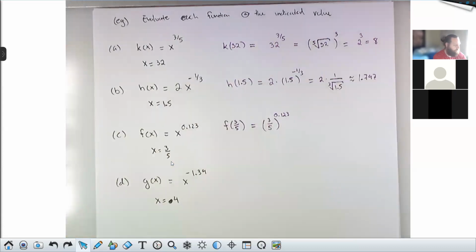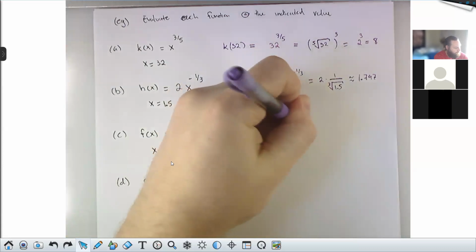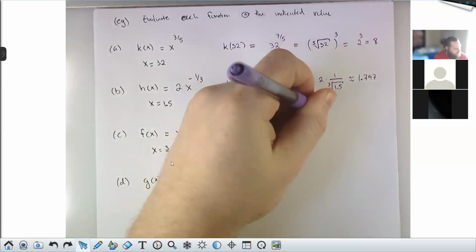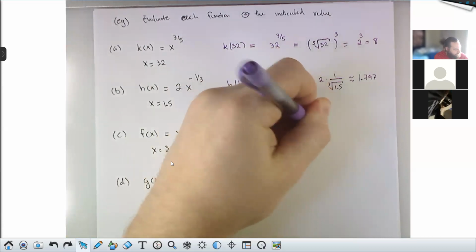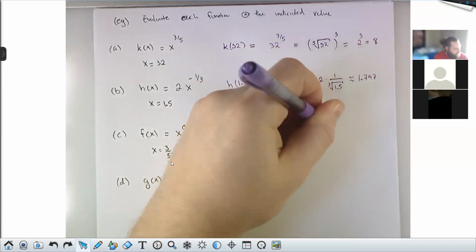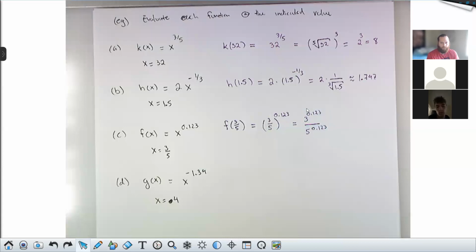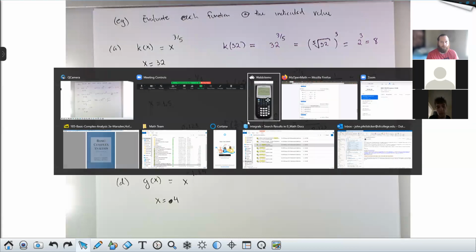And again, following our rules for exponents, if we wanted to, we could write this as 3 raised to the 0.123 divided by 5 raised to the 0.123. And those are equivalent. And you could enter it into your calculator either way. But there is no nice way to evaluate by hand 3 to the 0.123 or 5 to the 0.123. It's not a nice power, and this is not a perfect power of any number.